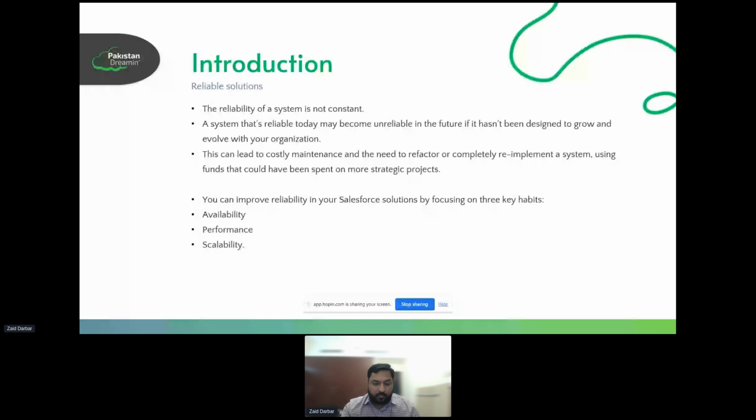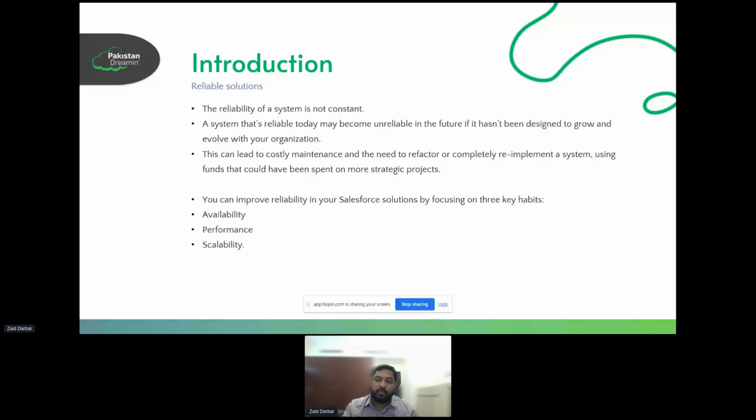And why are they really important? Because the maintenance, refactoring, and re-architecting of a solution after you have built it will be very costly. So we will see the key factors and try to accommodate them initially, everything related to performance, availability, and scalability, while we are building it, to make sure that the system will remain scalable and reliable throughout.